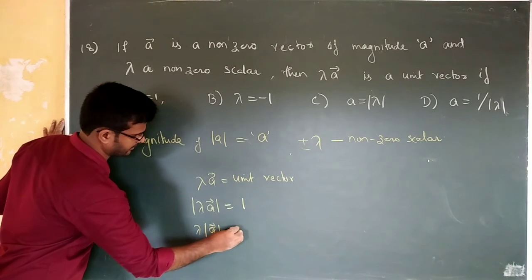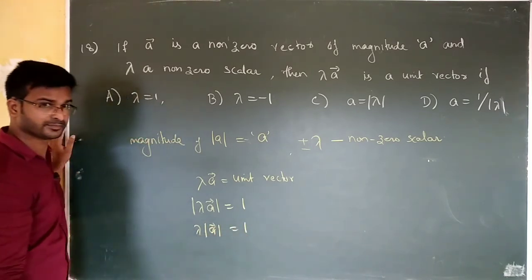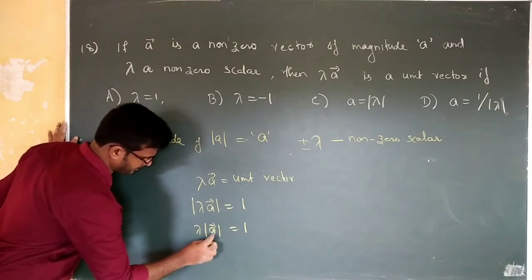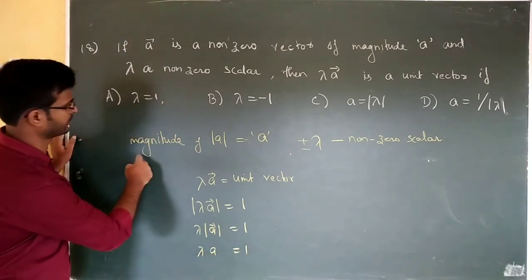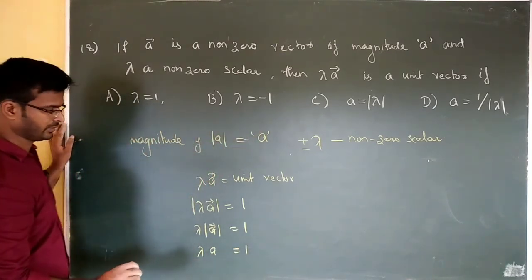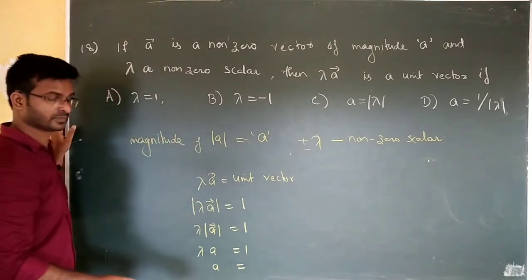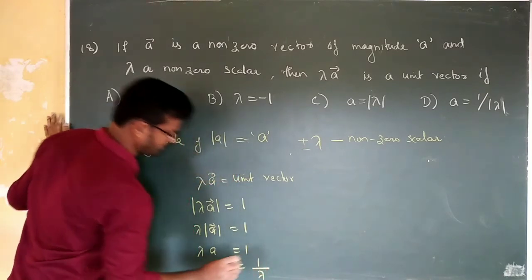Magnitude of lambda times A vector equal to 1. Then here, lambda, magnitude of A vector is given, that is a, equal to 1. Magnitude of A vector is a. Then a equal to, this lambda brought to the right side, 1 divided by lambda.